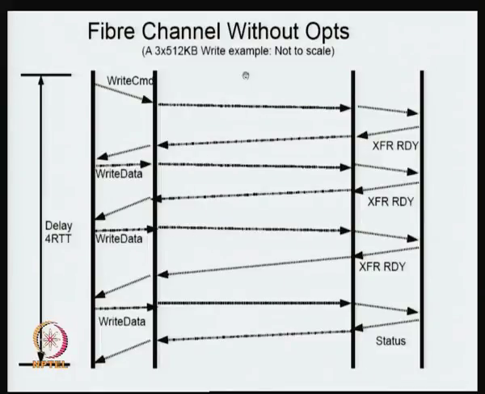Now if you incorporate some wide area network in between, and somehow you are able to encapsulate the Fiber Channel protocol inside it, then all these delays are involved, so your throughput is going to be quite small. It's going to be basically 1.5 megabytes divided by 4 times the round trip time.